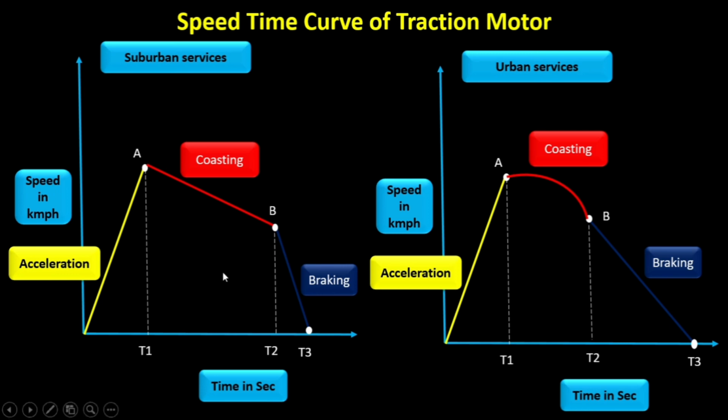Now what is the difference between the urban and suburban services? If you notice, here the coasting period is more, whereas there the coasting period is less. And here the braking period is less, whereas there the braking period is more.